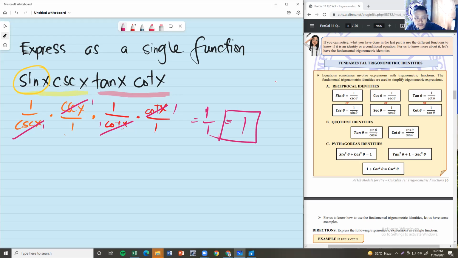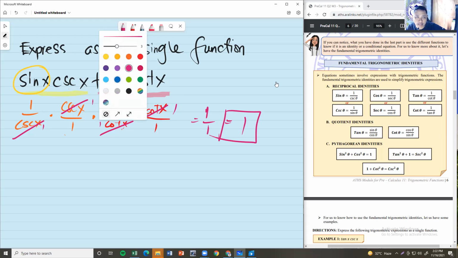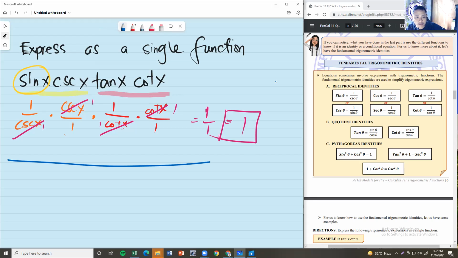Okay. Oops, sir, is that the only solution? No, of course not. Others did not change sine. I'd rather use sine x and then change cosecant x to 1 over sine x times tangent x. Ayaw ko siyang palitan.